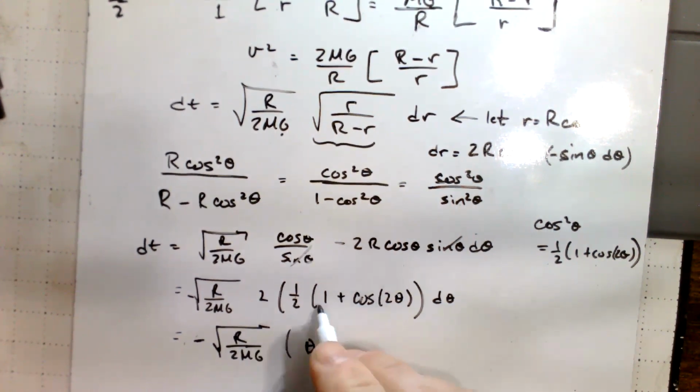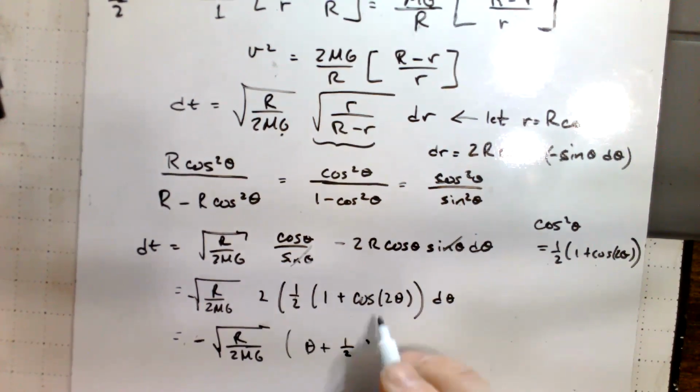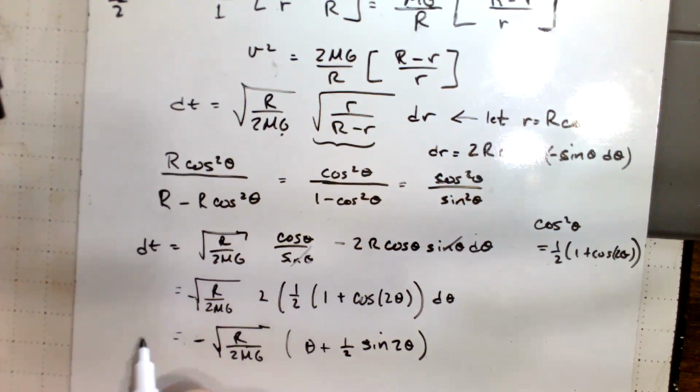Integrating this finally, I'm going to get theta, and then here I'm going to get a half out from the u-sub that I would make there, and then the integral of cosine is sine 2 theta, and that would be it. And then I have a t plus c on that side.